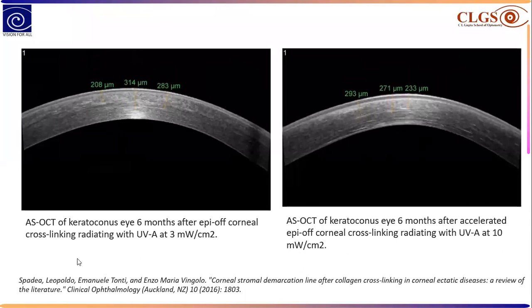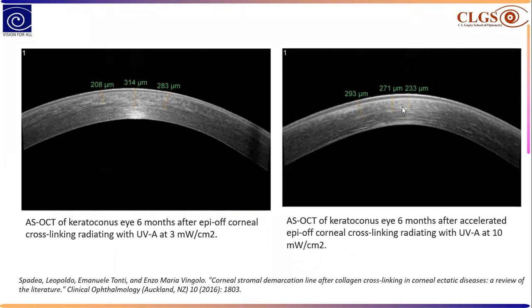And this is another case. This is the ASOCT of a keratoconic eye 6 months after epi-on corneal cross-linking, radiation with UVA 3 milliwatt per centimeter square. And this is the ASOCT of a keratoconic eye 6 months after accelerated cross-linking with 10 milliwatt per centimeter square.